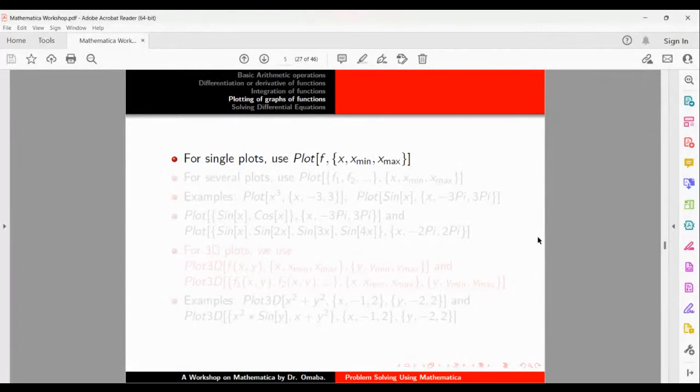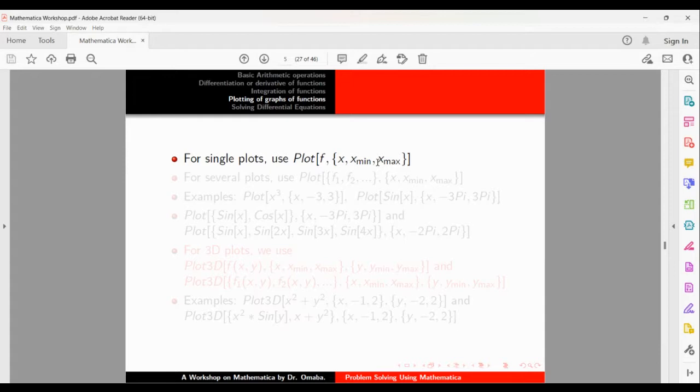If you want to plot a single plot, write the function and write the interval that we want to plot, the interval of x. Write plot, write the function, and then the interval or the range of values of x.